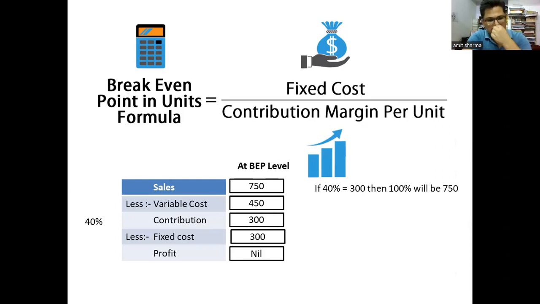So you must keep in mind that this will continue for another topic as well. If we are getting 4 rupees on a per unit basis as a contribution, then for collecting 300 rupees, how many units must we sell? 75 units, definitely 75, and the selling price was 10 rupees per unit. So the sales amount will be 750.